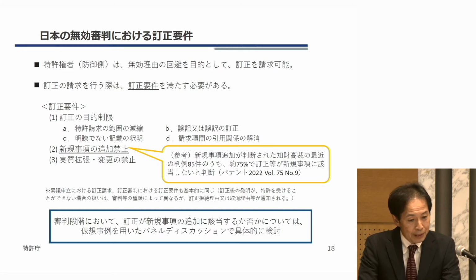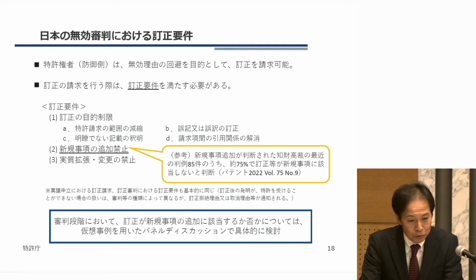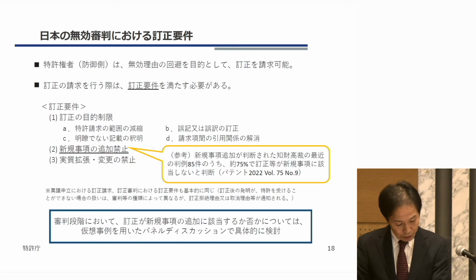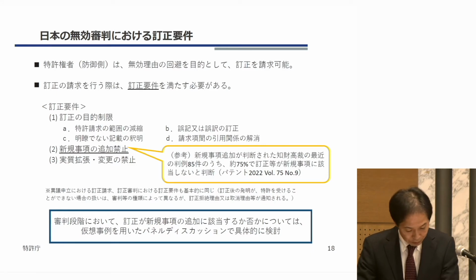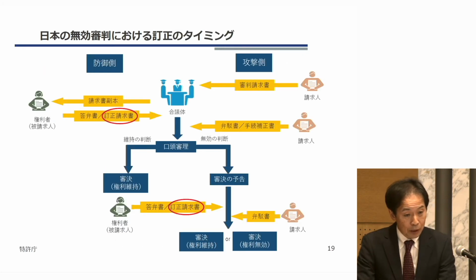But if you look at the percentage of items that are judged to be new matters, this was an article shown in a journal which showed that of 85 decisions, about 75% of these cases were judged to be not new matters. So about a quarter of cases are actually judged to be new matters.